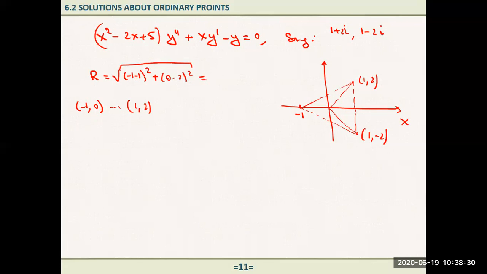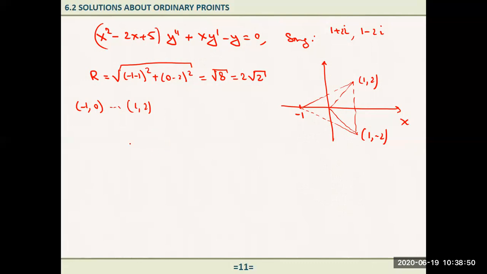Negative 2 squared is 4, 2 squared equals 4. So here we have square root of 8, or 2 times square root of 2, right? That is the radius of convergence of the power series solutions of this differential equation.